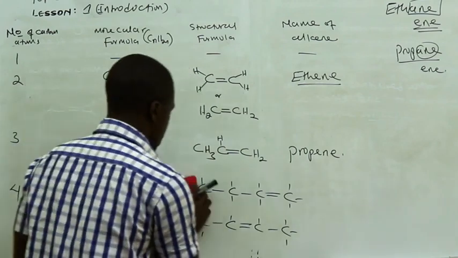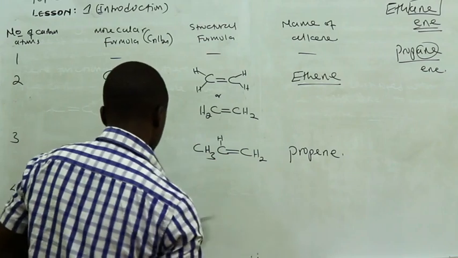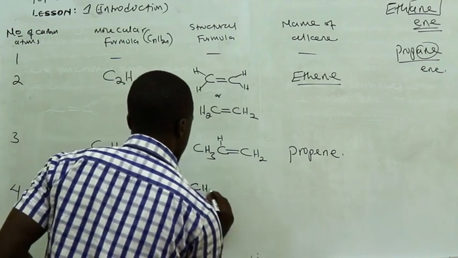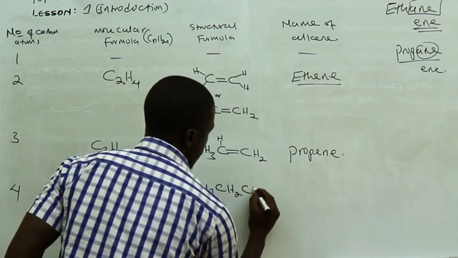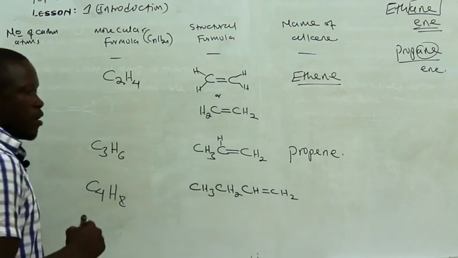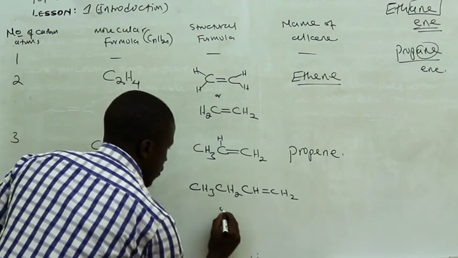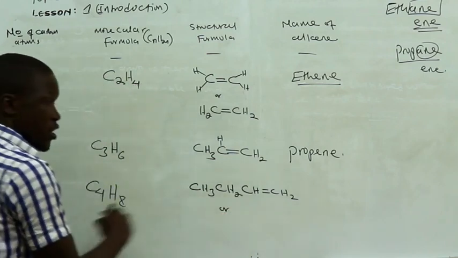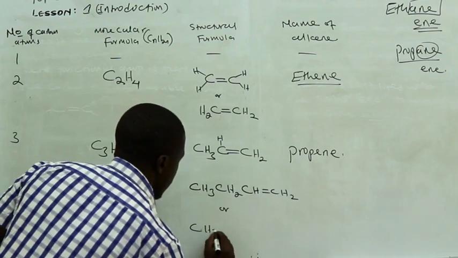Let's write them and see. This one is CH3. The first one we wrote CH2, and then you can actually write this. It's okay. It's acceptable. You can write like that. And then the second one, from this molecular formula, there is a position isomer, and it is CH3.